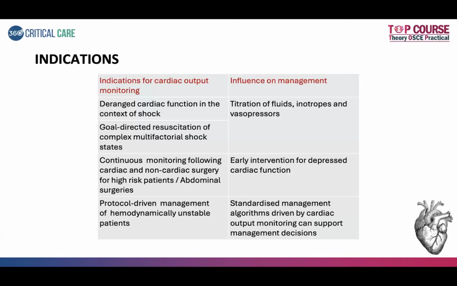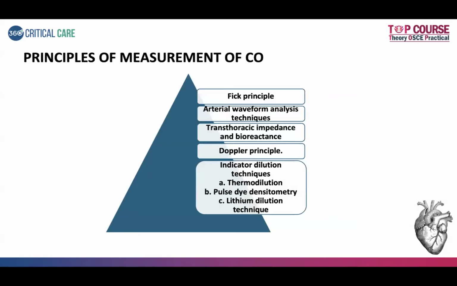In case of depressed cardiac function, like perioperative or cardiac surgical patients, we usually do continuous monitoring of the cardiac output. And if you are planning protocol-driven management of a hemodynamically unstable patient, where you have an algorithm to follow based on cardiac output in a shock state, then that is when we use cardiac output monitoring.